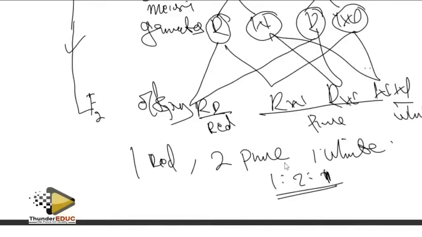If they ask how many were red, or what is the percentage of individual plants which were red, then you say it's 1 out of the total, which is 4, times 100. You give the answer as 25%. Please don't forget that.